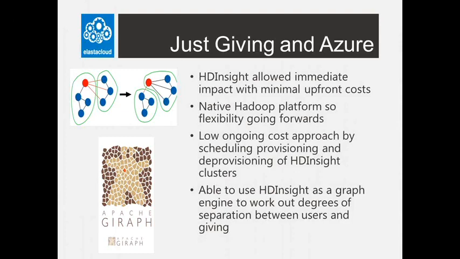We used HDInsight as what's called a graph engine, and we enabled a project called Apache Giraph, and in doing so, we were able to calculate with JustGiving this idea of the propensity to give, whether or not someone who gives to one campaign would be interested in giving to another campaign.